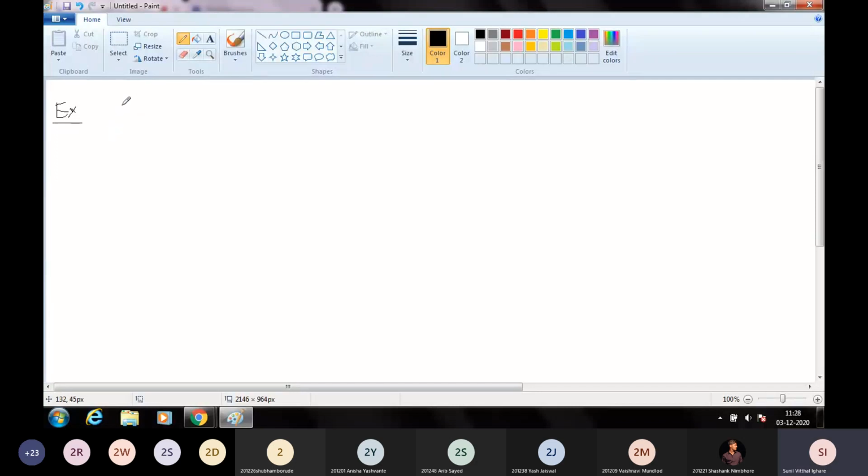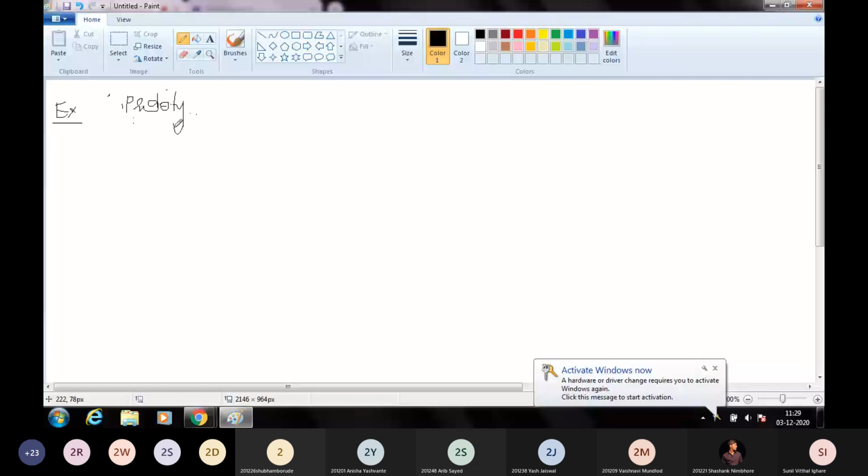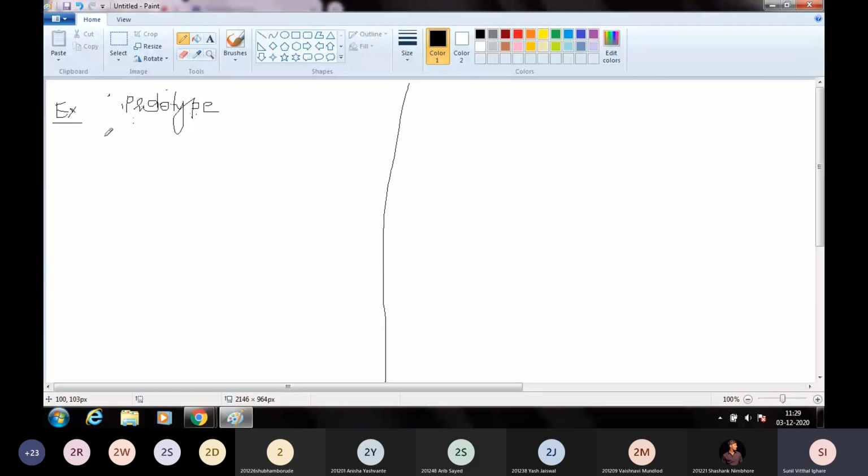The diameter of the prototype means the actual diameter of the pipe, that is 1.5 meter. Just write it as prototype.